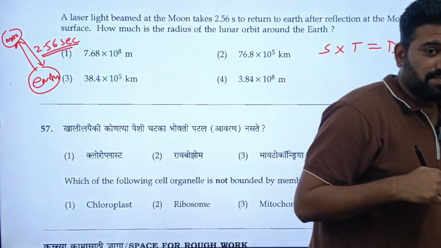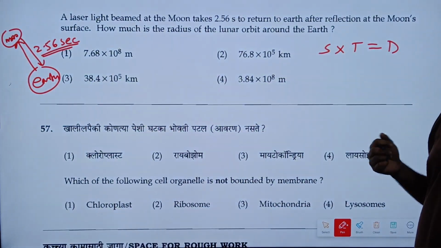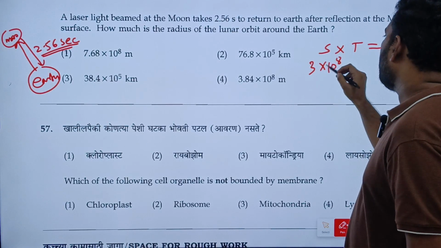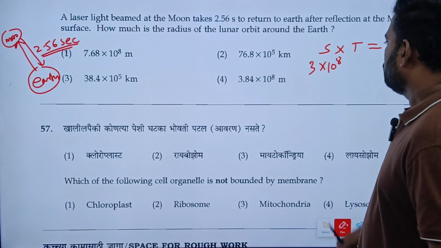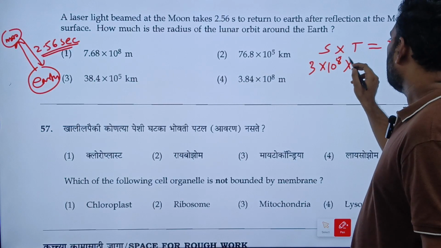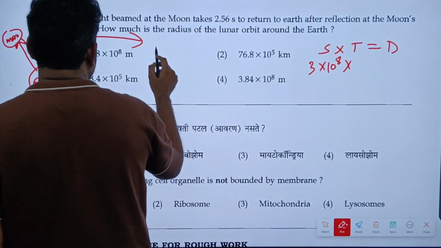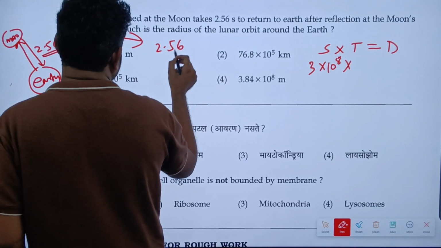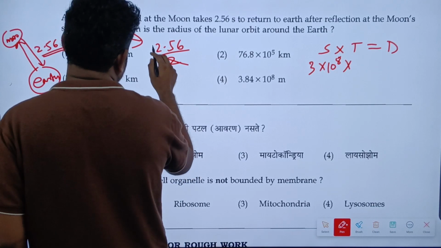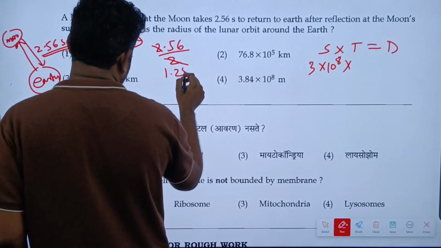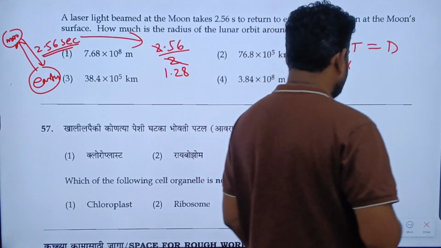In this question, we simply have to use speed, time, distance. So, what is the speed? Speed of light, 3 into 10 raised to 8. Then time: you have to take half of 2.56, which is 1.28.